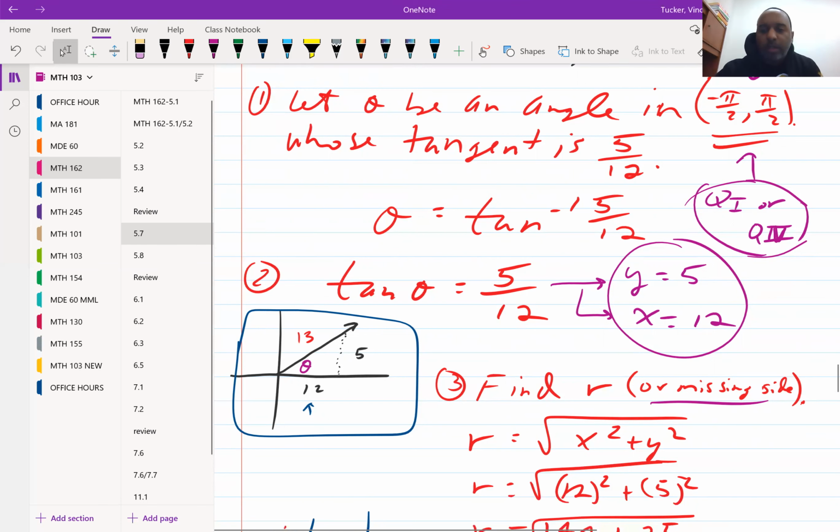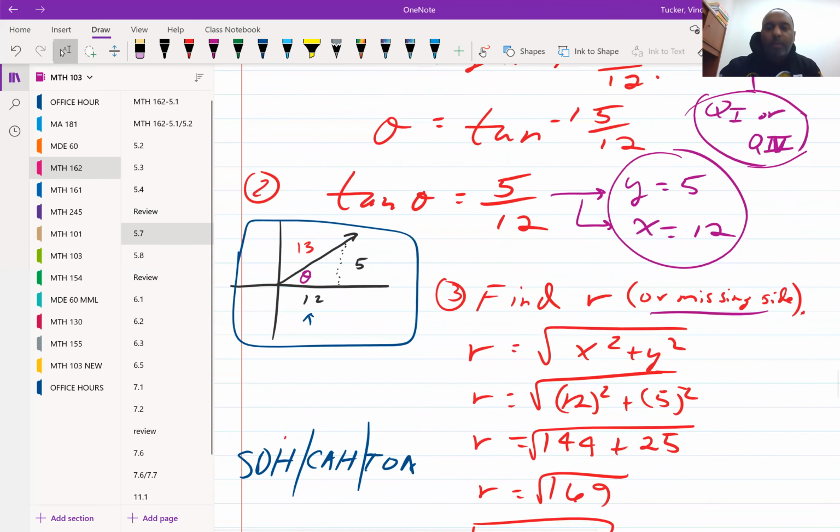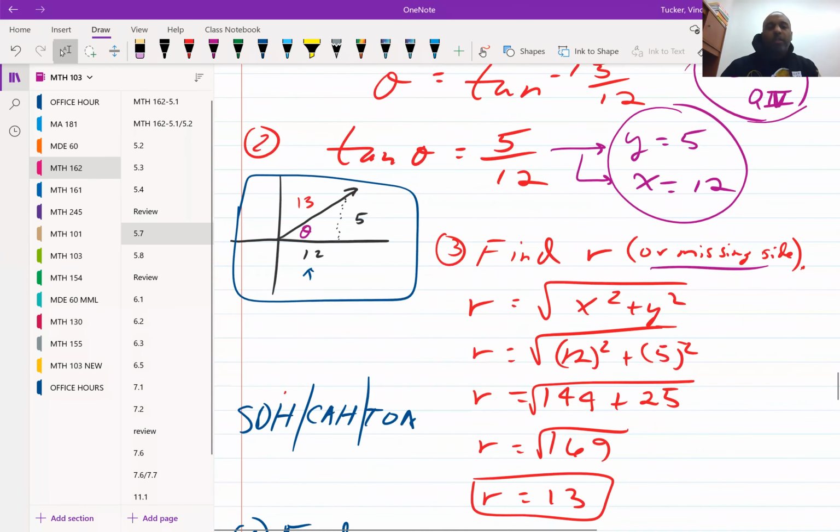Is everybody good? So we were missing r, we had x and y.